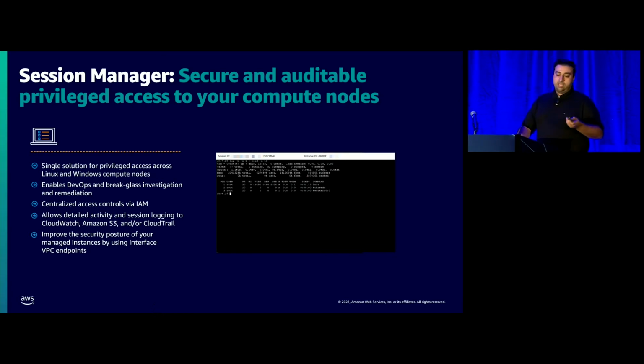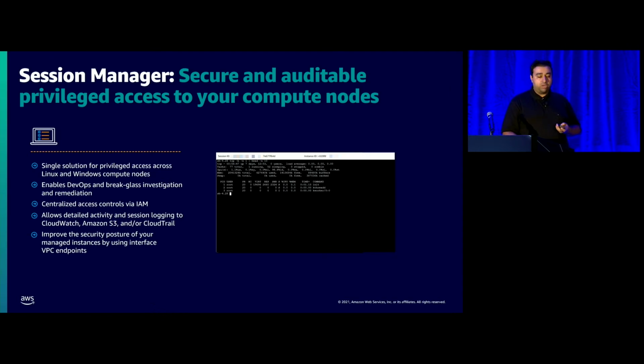It has, as you see, a single solution for privileged access across Linux and Windows. It works for SSH, PowerShell, and as you will see, the actual RDP instance. Centralized access through IAM, so all those controls that you have for your services can be there. You can control it with IAM.